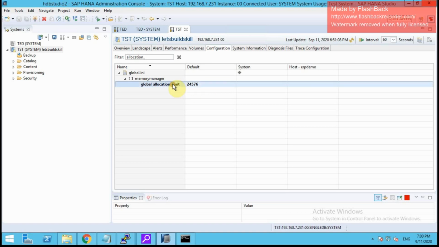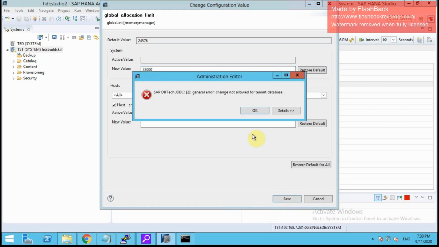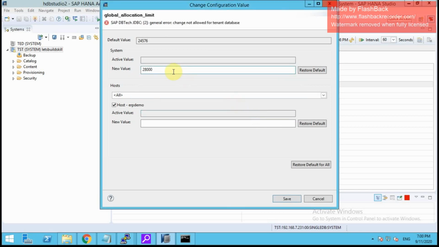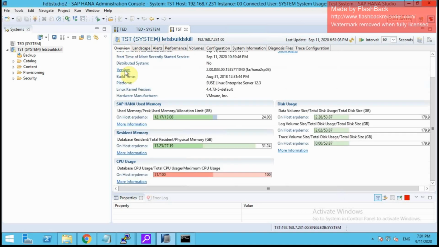If I change the parameter to 30 GB, or let's say 28 GB, and save it, the value will be reflected here.